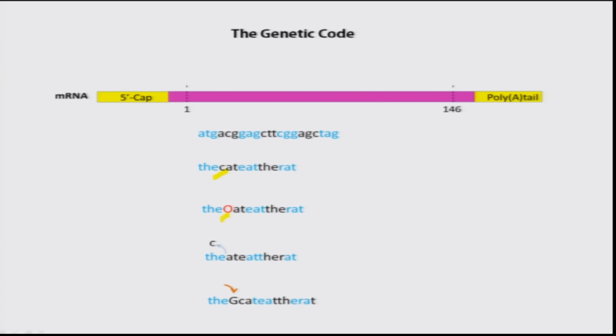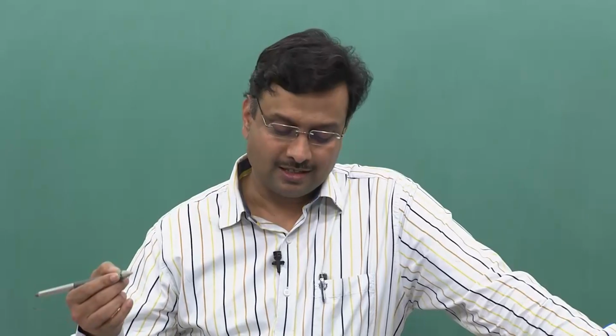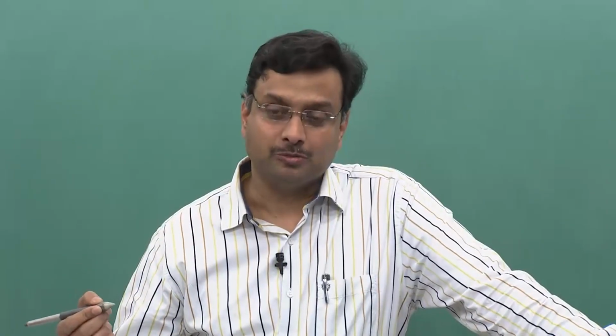Originally, the predator cat is able to consume its prey, the rat. Because one letter is changed in the word cat, the meaning of the sentence is misleading. Now the oat became the predator for the rat, which is not possible. So it does not convey a meaning. It is because of the substitution, one letter is substituted by the other.